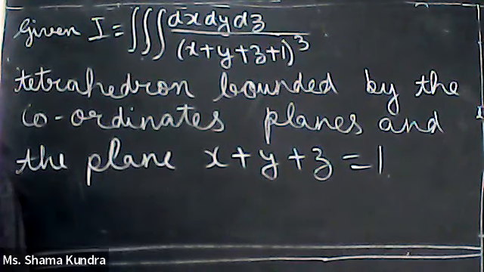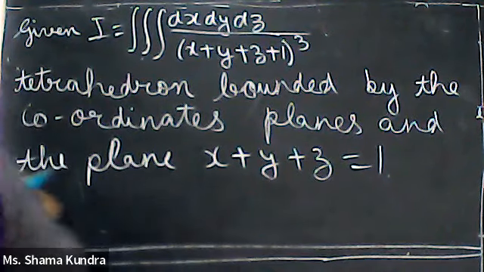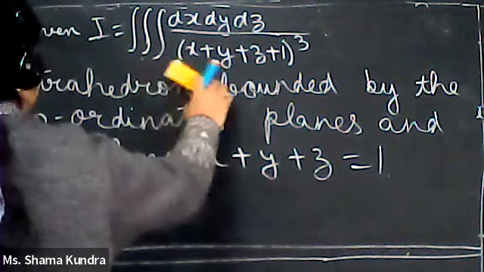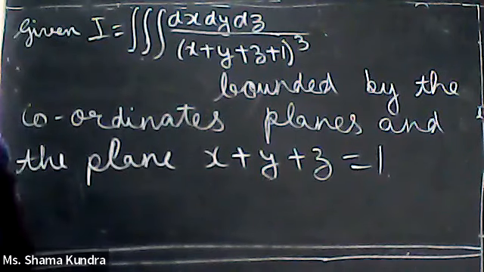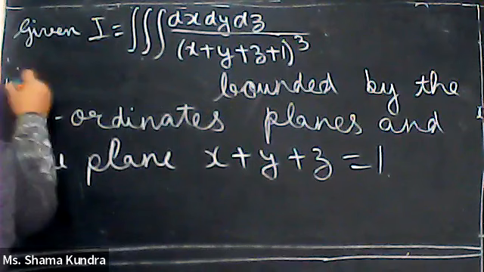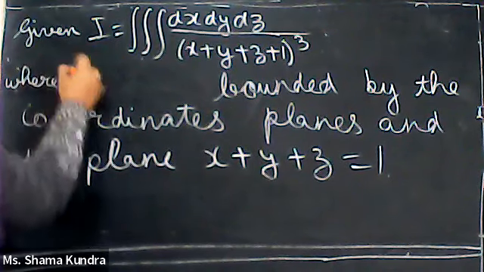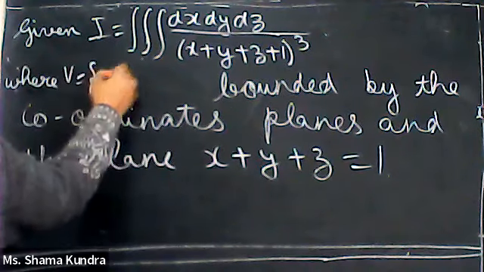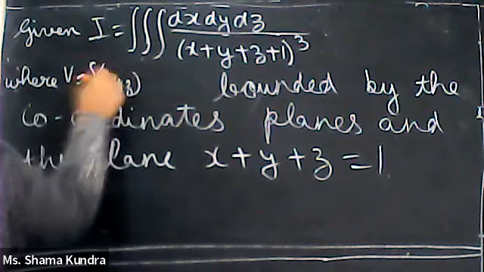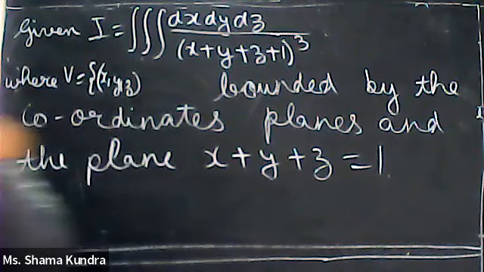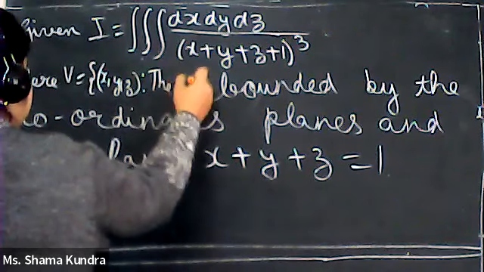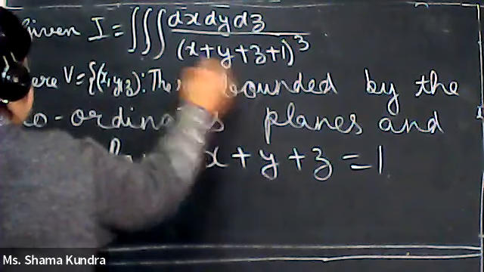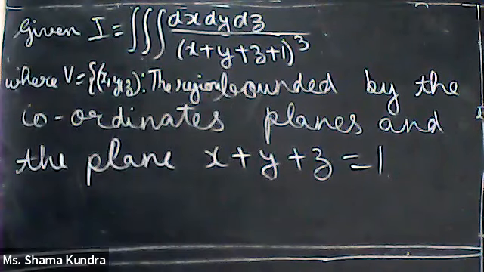Here I is given and here B is the region. You can write B as the set of (x, y, z), the region bounded by the coordinate planes.